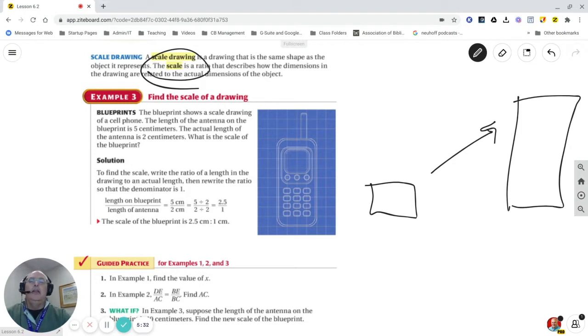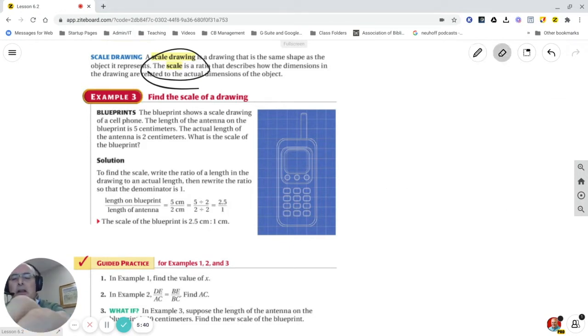If you've ever done model trains or model airplanes, you buy them, you put them together, those are called scale models because essentially what they've taken is the full size item, say an airplane, and they reduce everything down by the same amount. So they're scaling it down, and when you create the model, you're creating a scale model of that.